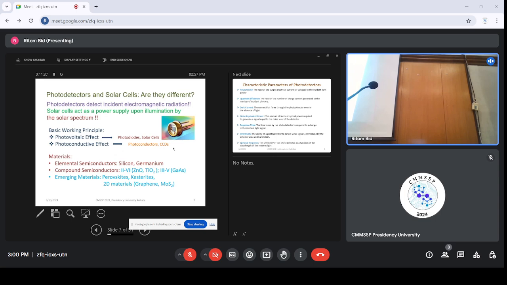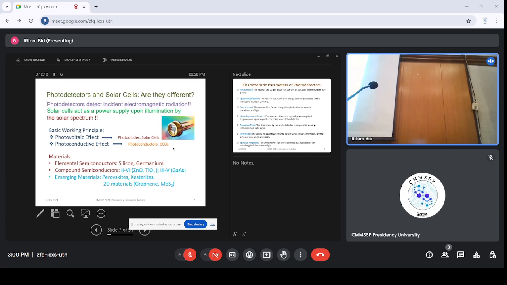Now, semiconductors are the key players for this kind of devices. We know about the elemental semiconductors, there are only two, silicon and germanium. The compound semiconductors used for optoelectronic applications include II-VI compound semiconductors like zinc oxide and titanium dioxide. They have a wide band gap, of the order of 3.2 electron volts at room temperature, so we need more energy for the electronic transition.